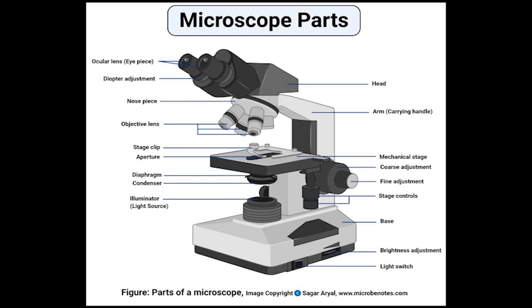The light passes through a specimen, then through two sets of glass lens, the objective lens and the ocular or eyepiece lens.